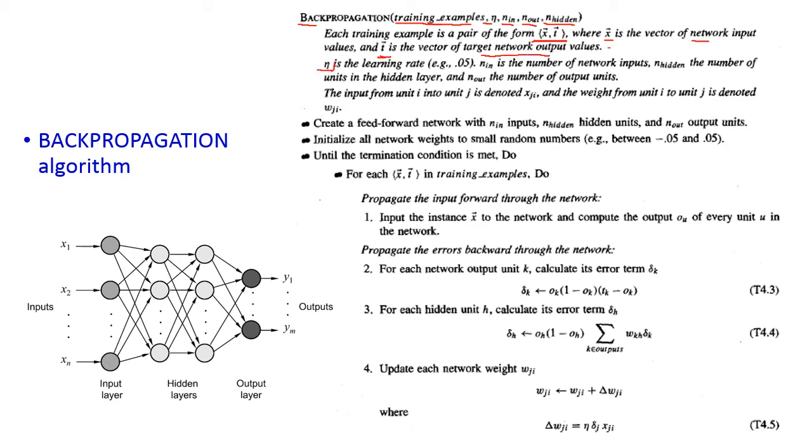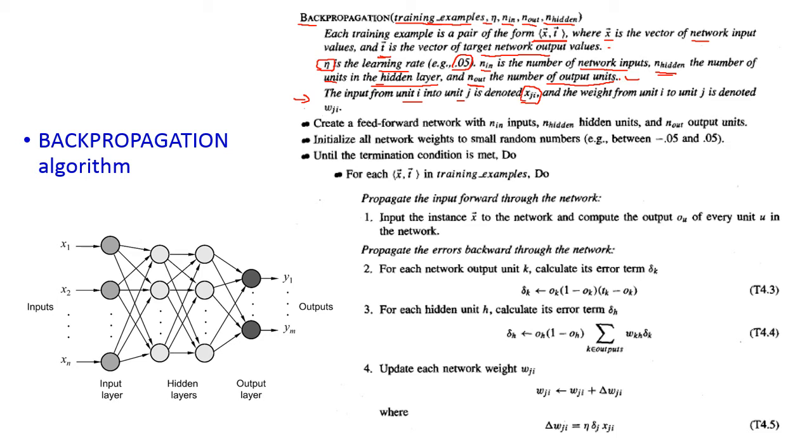Eta is the learning rate, normally a very small value, 0.05 in our case. n_in is the number of inputs to the network, n_hidden is the number of units in the hidden layer, and n_out is the total number of output units. Here the input from unit i to unit j is denoted by x_ji.